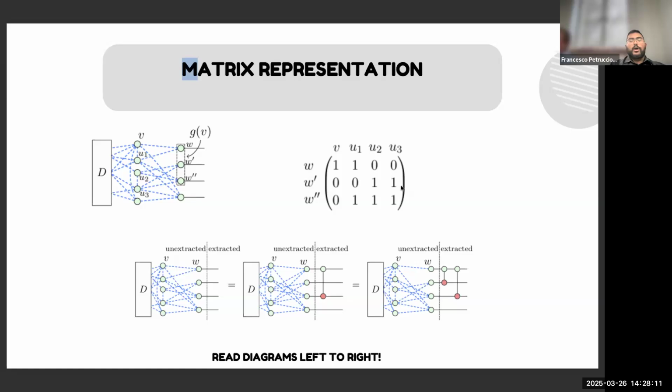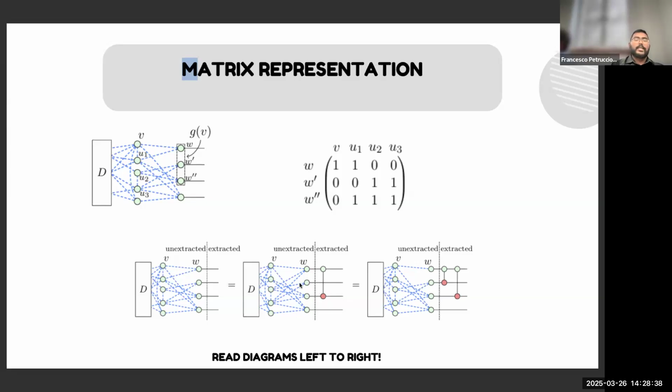What happens is, in the matrix, the resulting bi-adjacency matrix will have the same effect as adding the row corresponding to the target to the row corresponding to the control. So we'll add the row corresponding to W double prime to the row corresponding to W, and that will give us our new connectivity conditions in the resulting diagram.